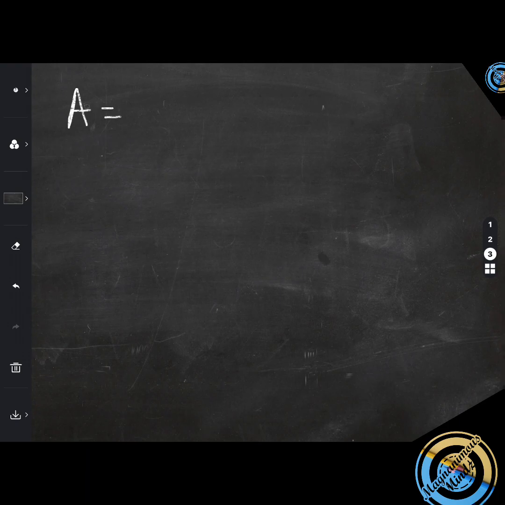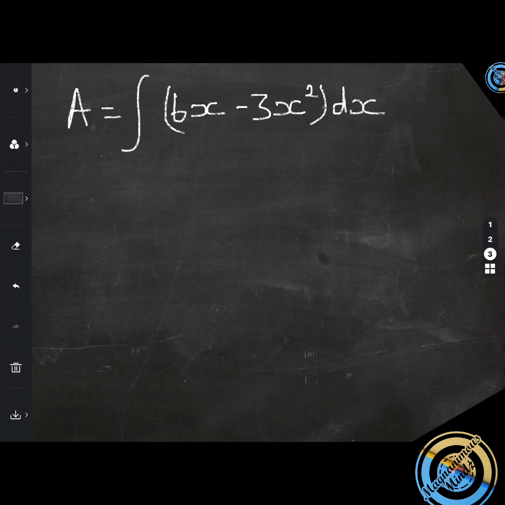So our area is going to be our top function, which is 6x, minus our bottom function, which is 3x squared, and this is in terms of x, dx. And then our lower limit for x is 0, and our upper limit is 2.